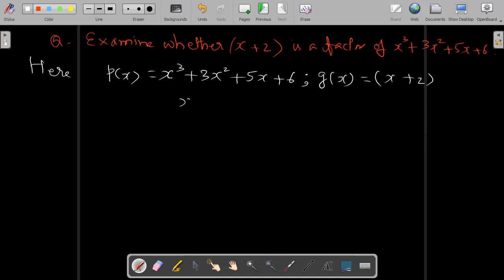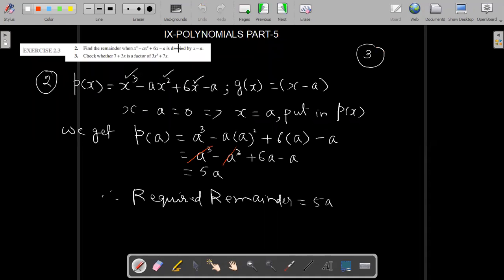Now we equate x plus 2 to 0 and get the value of x. Okay, same procedure. In the remainder theorem also, equating this to 0, find the value of a and substitute. The same procedure we are doing here also.